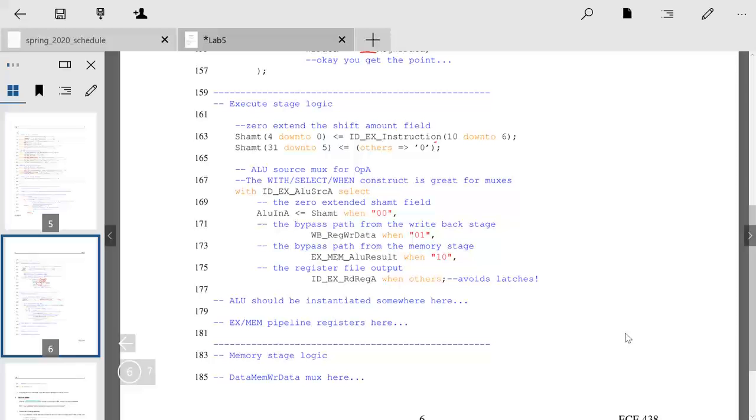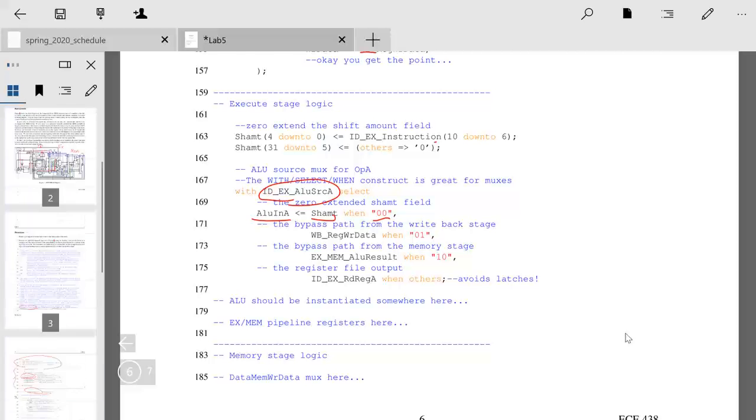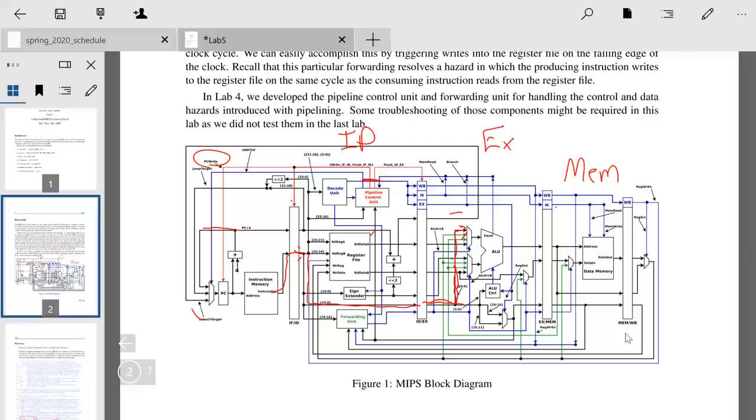So when the select line is 0, we set ALU in A to SHAMT. And our select line is the IDEX ALU source A. If you remember, that signal is generated from your forwarding unit in the decode stage, and then it's registered in the IDEX pipeline. Okay, let's go back to the diagram and follow that path.